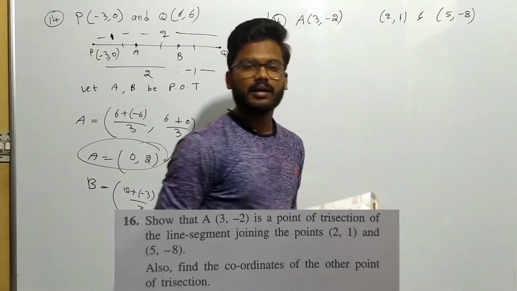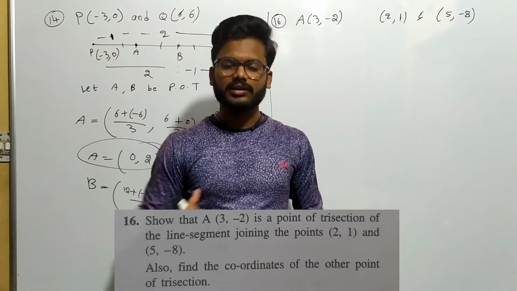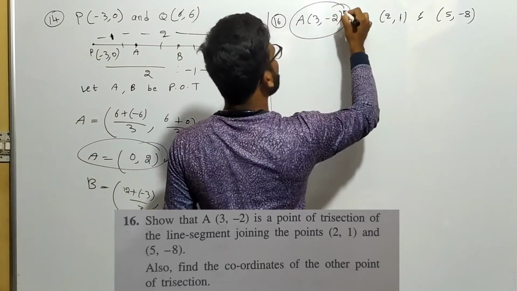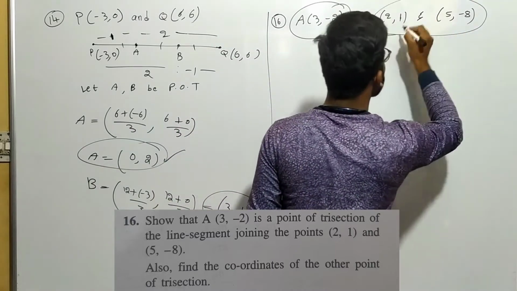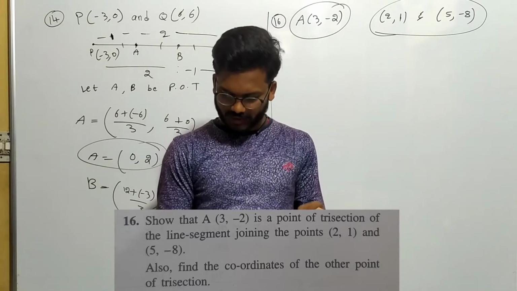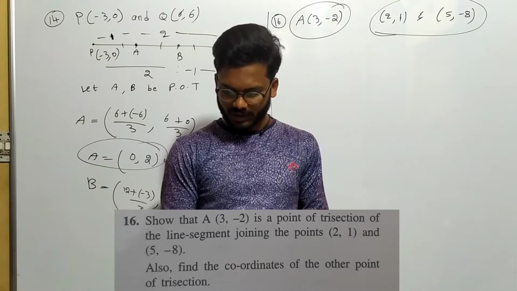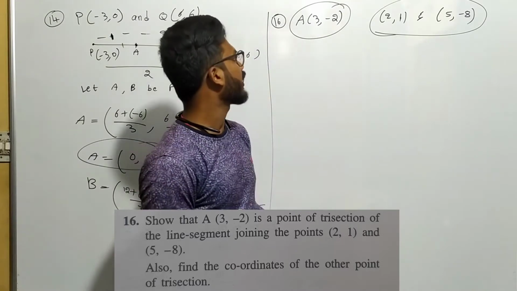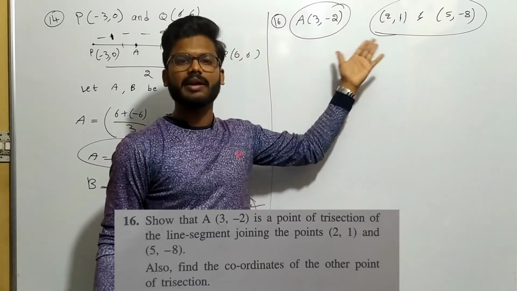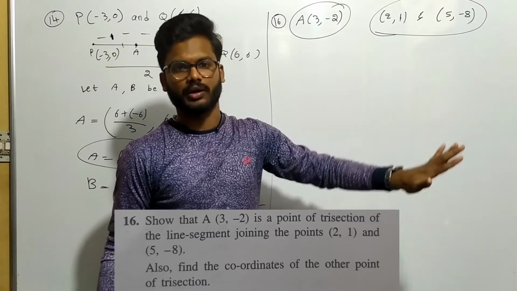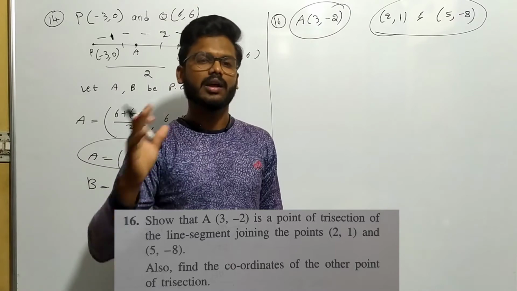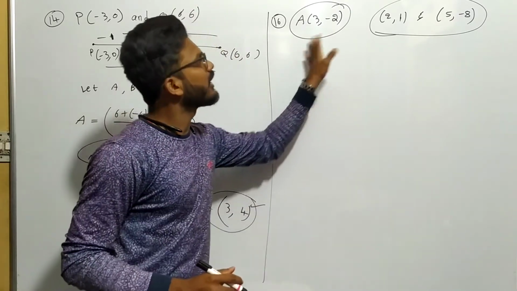That means here they are asking you to show whether this point is a point of trisection of the line joining these two points or not. And one more thing they are asking: also find the coordinates of the other point of trisection. First you have to find which point of trisection it is, nothing but whether it divides in the ratio 1:2 or 2:1. If it divides in the ratio 1:2 or 2:1, then only you can tell this point is a point of trisection.